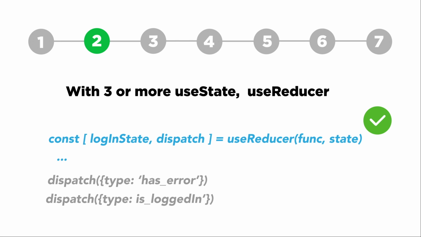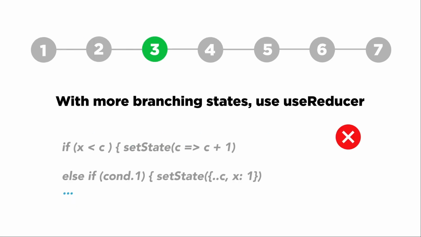Okay. The third one, which is a don't, is that if you are dealing with more branching states. By branching states, I mean, let's say you want to update a state X, but there are some conditionals for you to update that state. For instance, we have if X less than C, set state C plus 1.